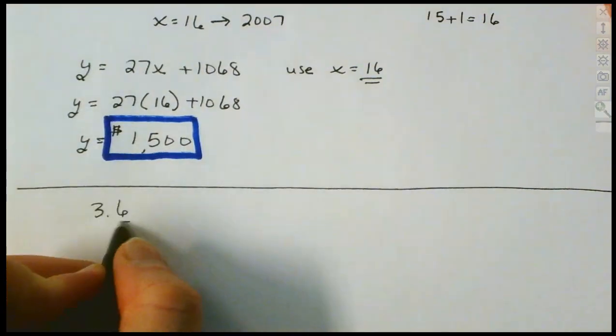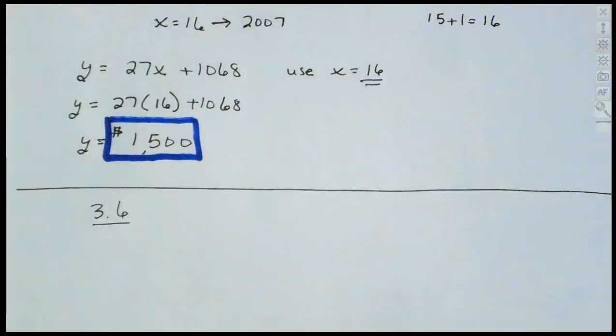So 3.6 is what we're going to look at next. And in 3.6, we're looking at graphing these inequalities. And let's just take a moment to remember how to graph these inequalities. When we graph and work with these inequalities, what do we know? Well, they're either going to have a solid line or they're going to have a dotted line.